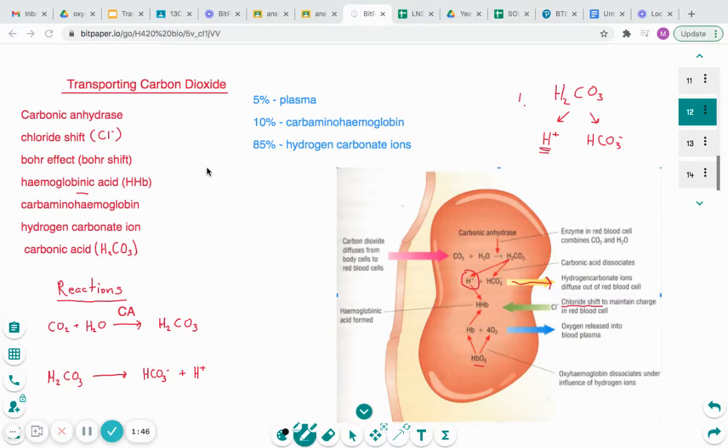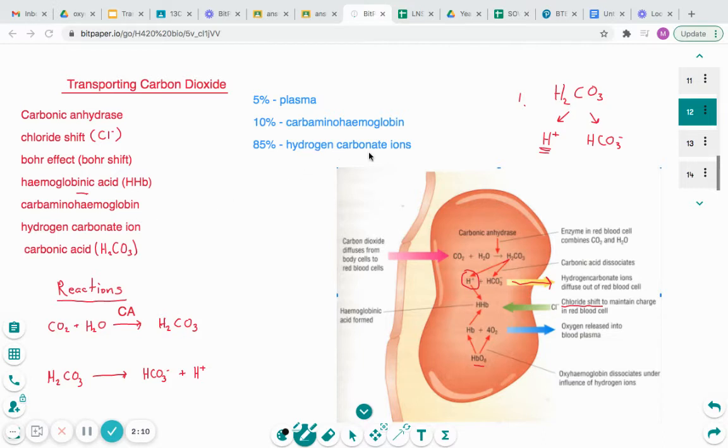And it's all to do with this molecule here, carbonic acid, H2CO3. So already I've mentioned H2CO3, HCO3-, and carbaminohemoglobin, so already quite a few words. I'll introduce you to a few more as we go through this.